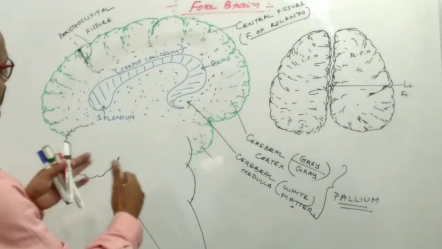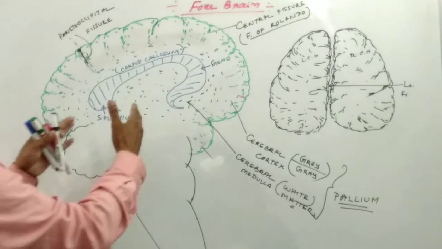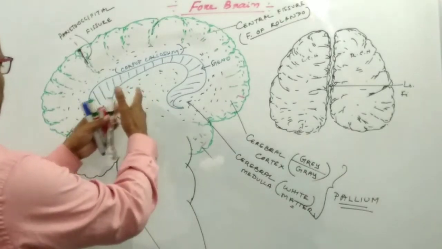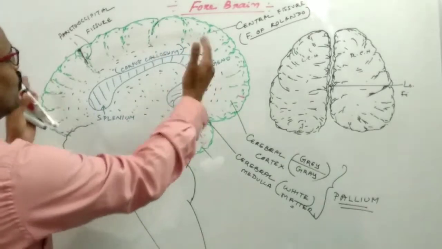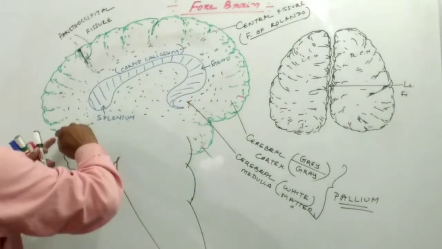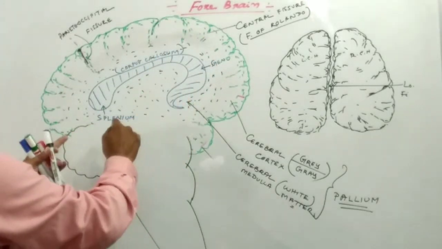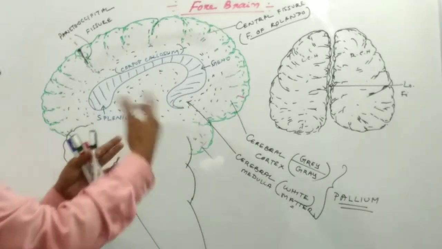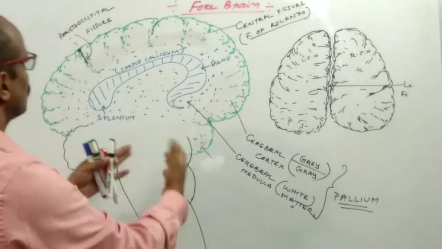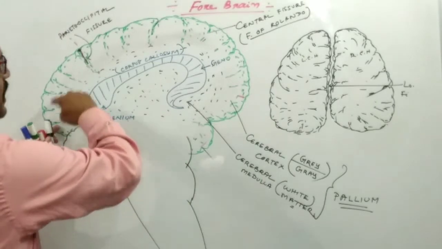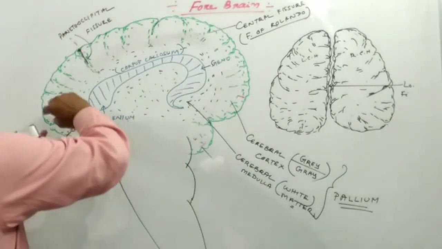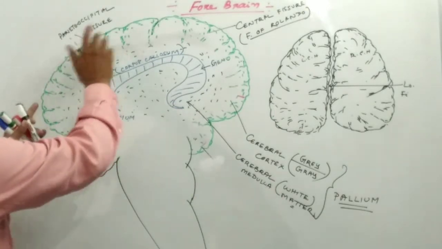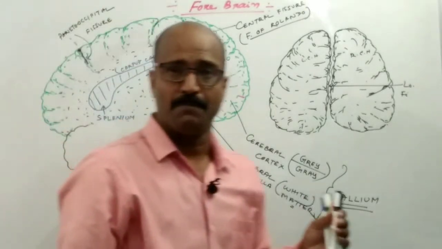Because at the time of development, as compared to the white matter, only gray matter increases more and more. So during the development, because of the growth of the cerebral cortex, the speed is more, that's why it gets folded at the time of development.